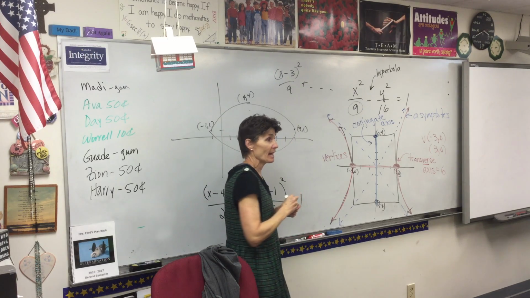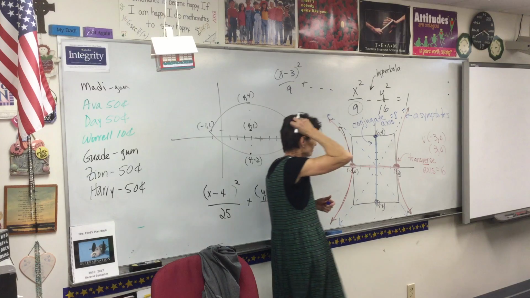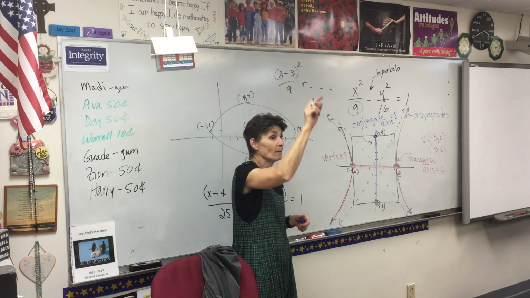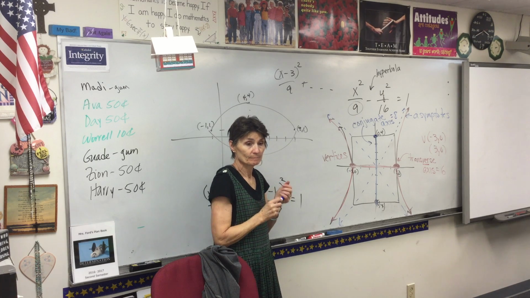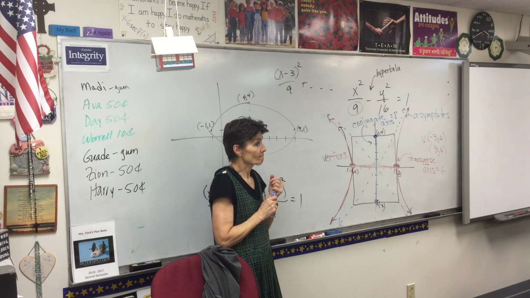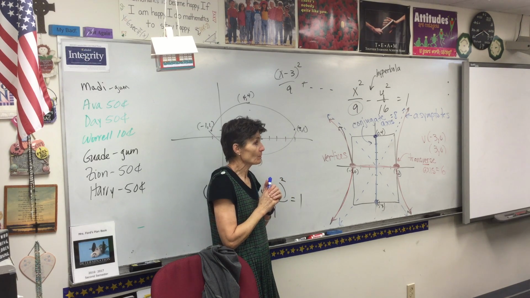And the conjugate axis in this problem is 8. Because you counted up and down 4 when you built the box. So that's all you put those? No, so far, we're not done.